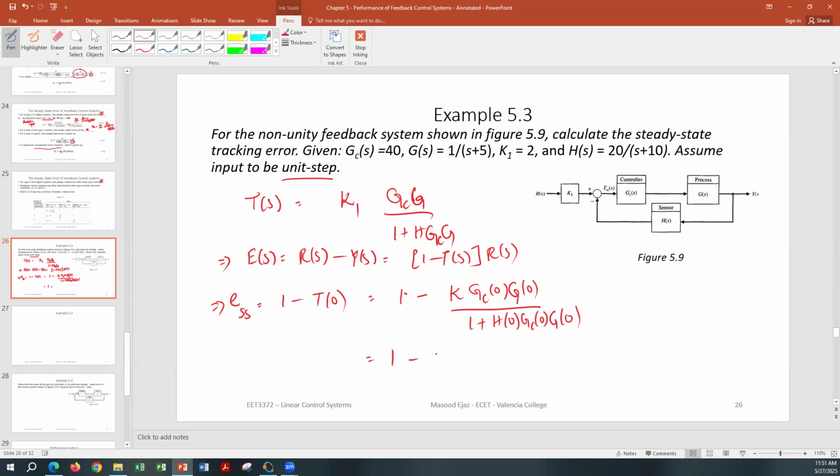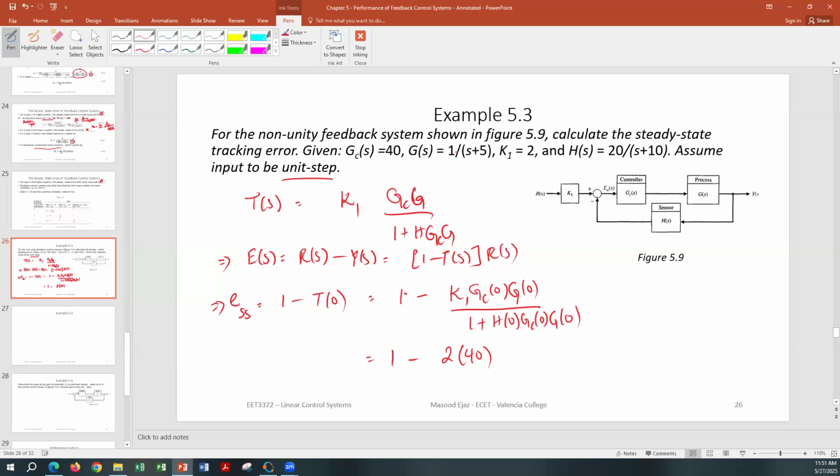So 1 minus K1 times, sorry, it's K1, not K. K1 is given as 2. So 1 minus 2 times GC naught, which is 40. So that's a constant value. G(s) is 1 over s plus 5.